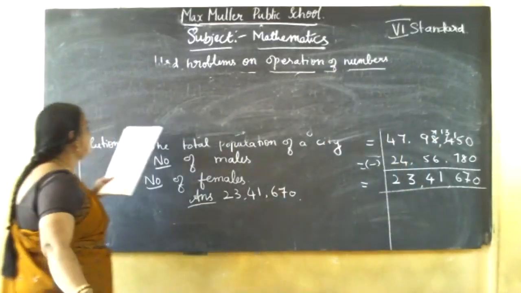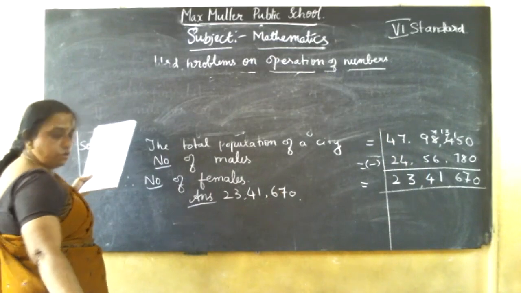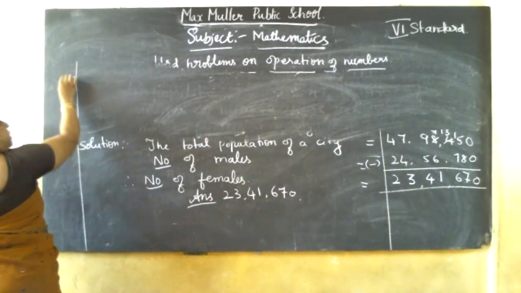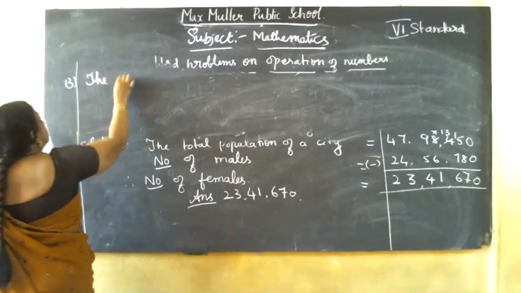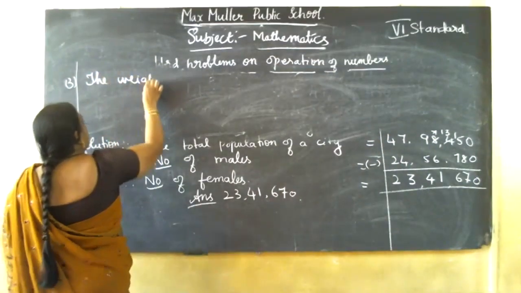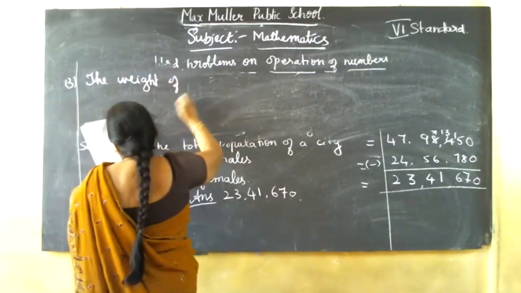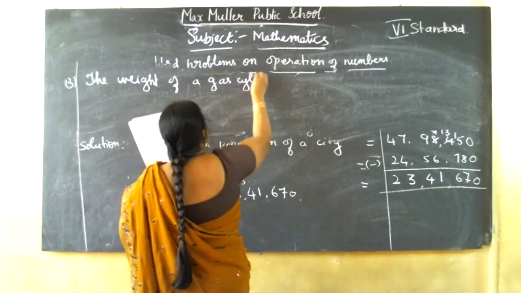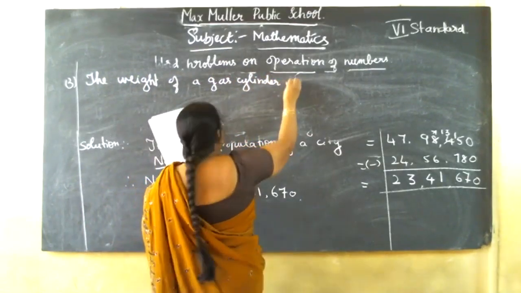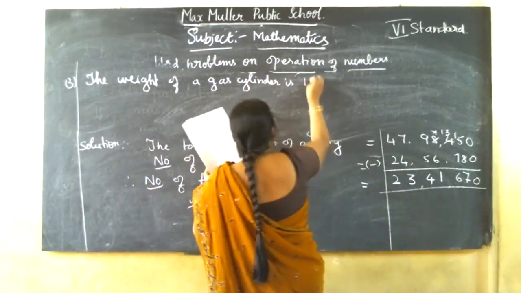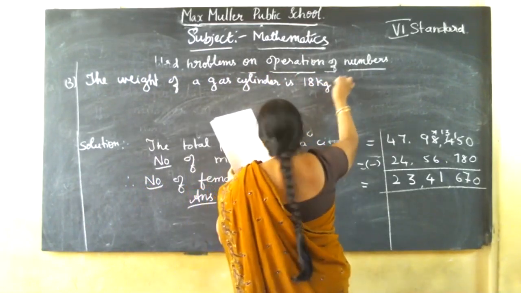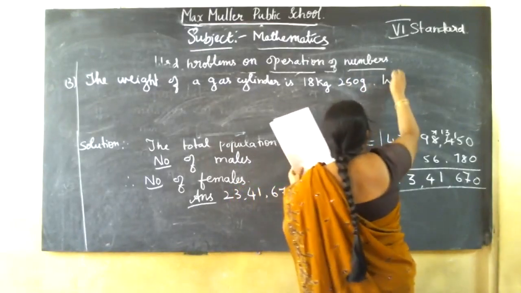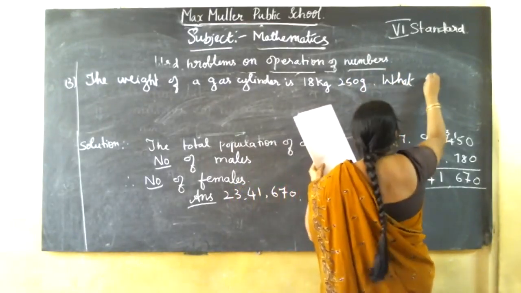Question number 3. The weight of a gas cylinder is 18 kg, 250 grams.